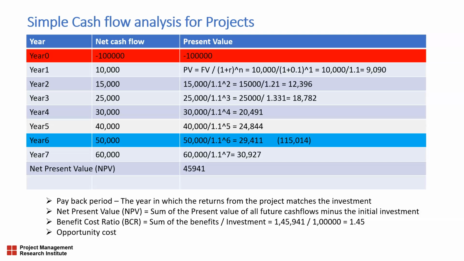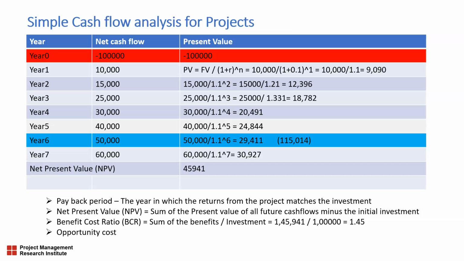To simplify things, I have considered the rate of interest as constant from year 1 till year 7. But in reality, the rate of interest will fluctuate, and then the calculations can become more complex. Inflation also has to be factored in, which will make the calculations more complex.